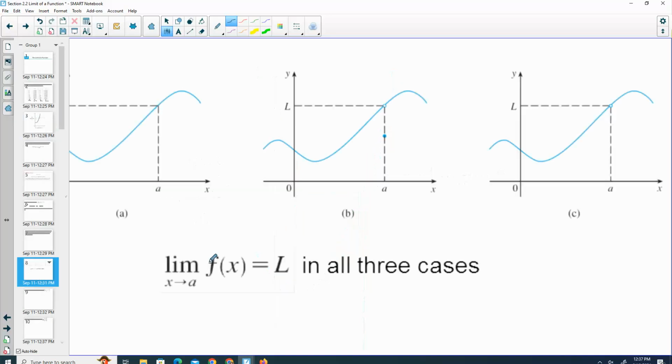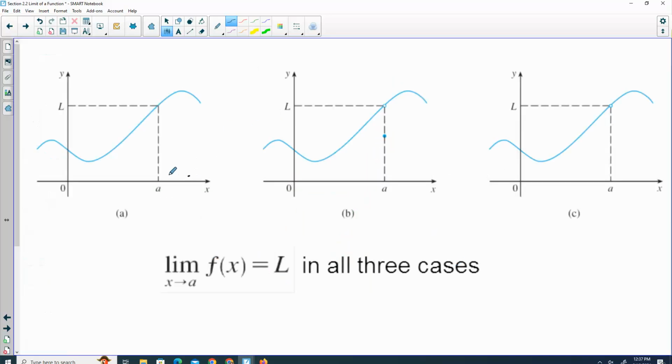If we look at these 3 graphs, here we can see this is an actual point on the graph. But this one, we have an open circle up here and a dot down here. If I ask when x is equal to a, you're going to give me some number down here, right? But that's not the same as the limit. The limit is saying if you're traveling along this graph, getting closer to a, what is your y getting closer to?